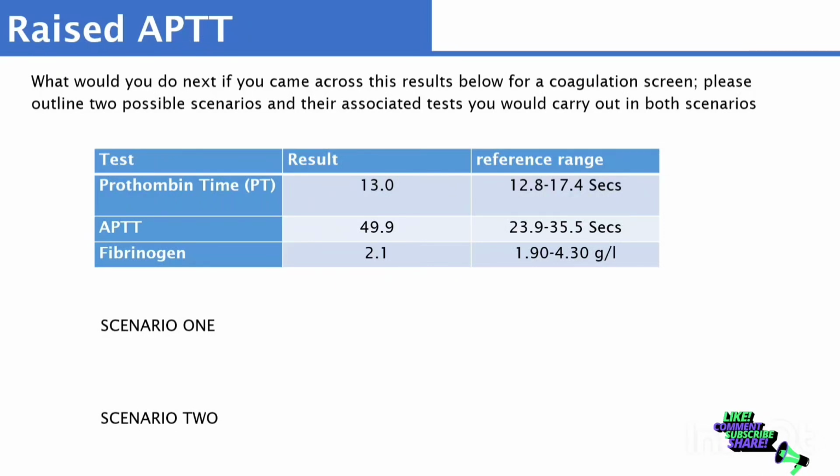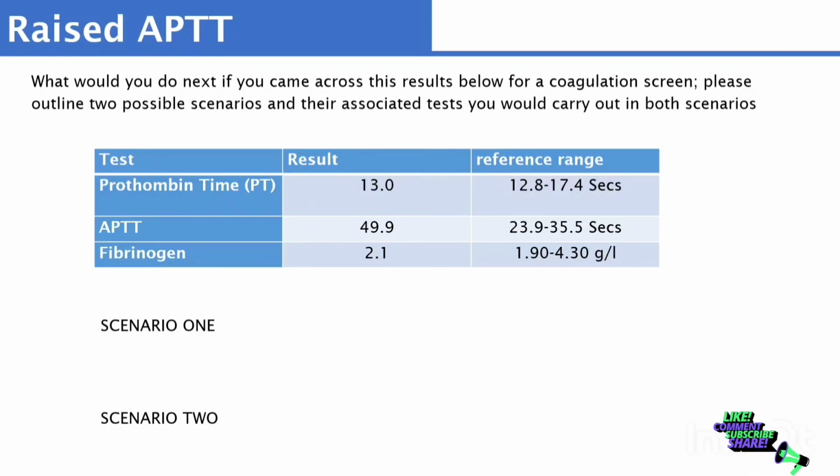If the result corrects, like if the APTT becomes normal, that means it's a factor deficiency, because, like I said in my previous video, the factors in the control sample have compensated for the insufficiency of the factors in the patient sample.